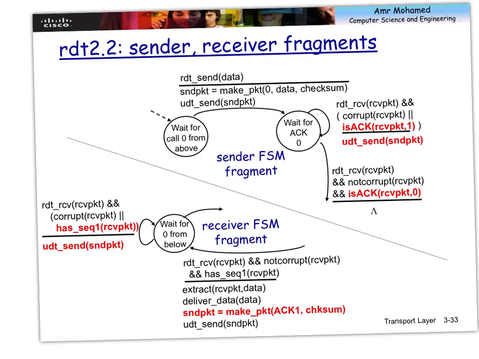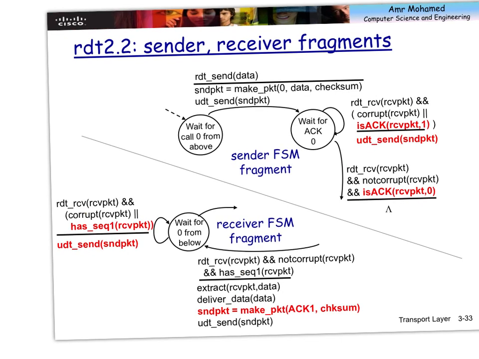So here, if it's corrupt or if it has sequence number 1, then I should also ignore it, because this is a duplicate packet. In both cases, I will send the acknowledgement for the previous one, which should have a sequence number of 1 in that case.